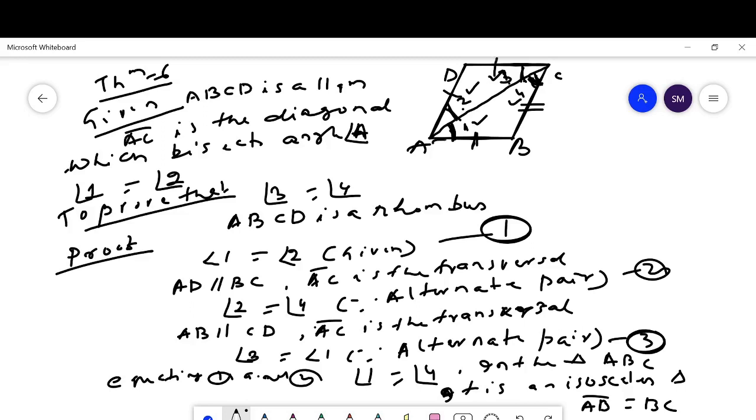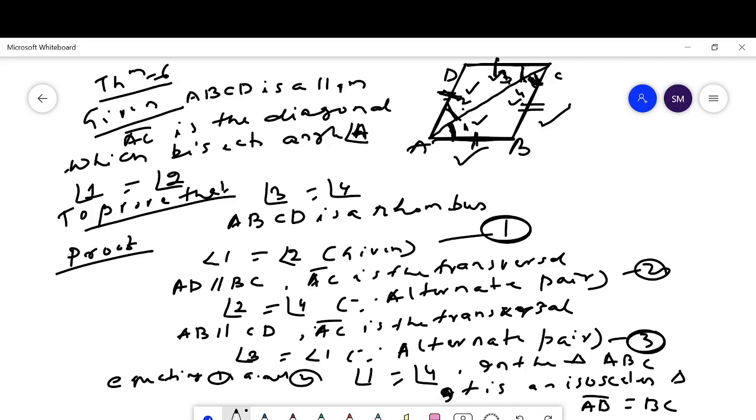As AB is equal to CD, being opposite sides of the parallelogram, we get AB is equal to BC. We get CD is equal to AD, and we know BC is equal to AD as they are opposite sides of the parallelogram.